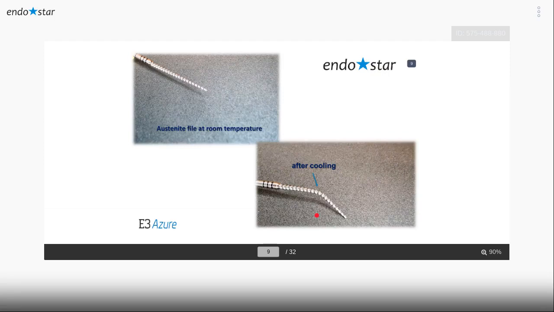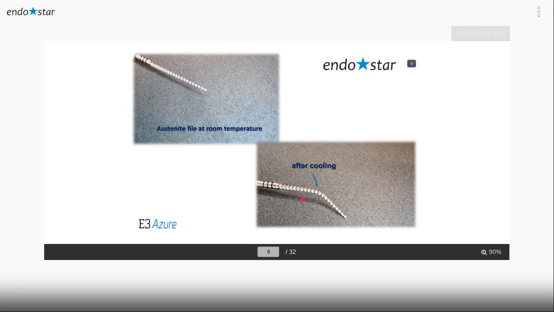I hope we passed this part for good, but here I will share with you one experiment I did myself, okay? As you see in the picture, this file is a completely austenitic matrix at room temperature, which has only superelasticity or pseudoelasticity, which means you cannot pre-curve it for the canal.